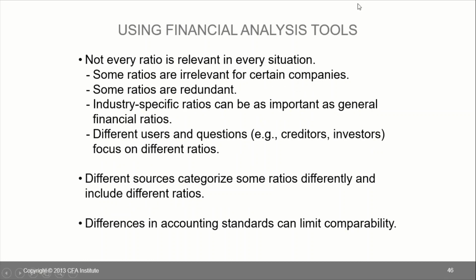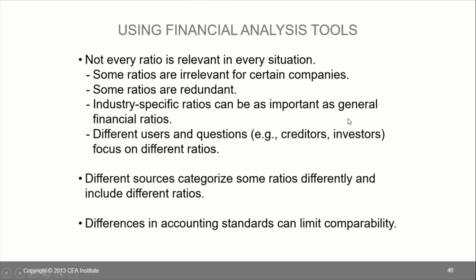What else? It says here, not every ratio is relevant in every situation. So some ratios are irrelevant for certain companies. Some ratios are redundant. That's very true. Industry-specific ratios can be as important as general financial ratios. And different users and questions, such as creditors and investors, focus on different ratios.